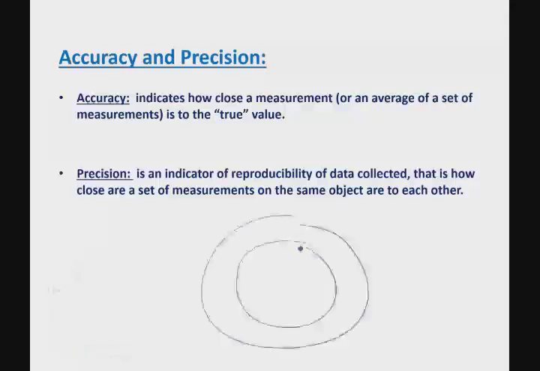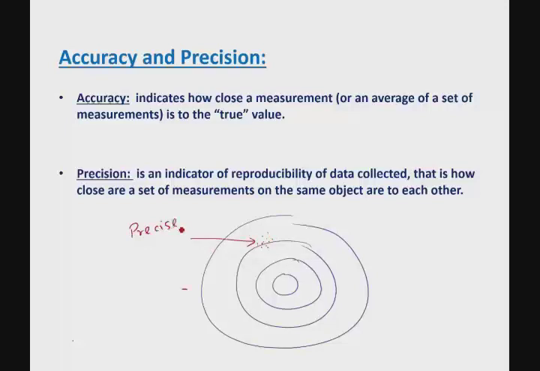A dartboard has several layers of point values, and the closer you get to the center, the higher is the point value. Let's say a player throws several darts, but they are all close to each other, but not close to the bullseye. Those set of data will be precise.